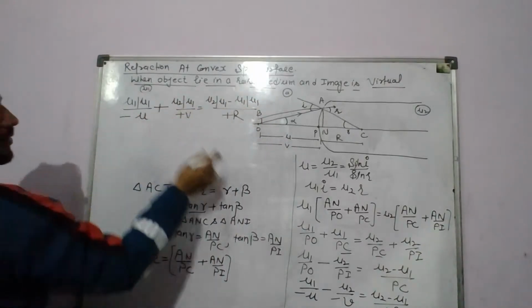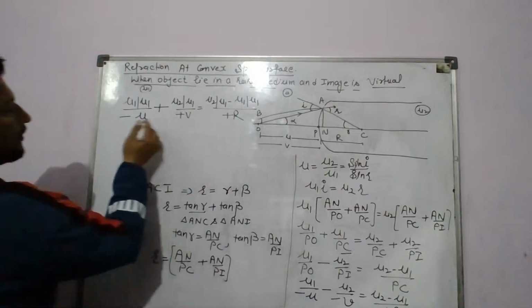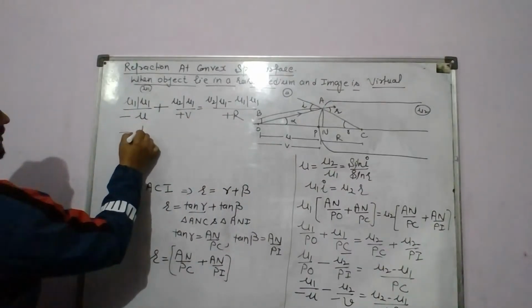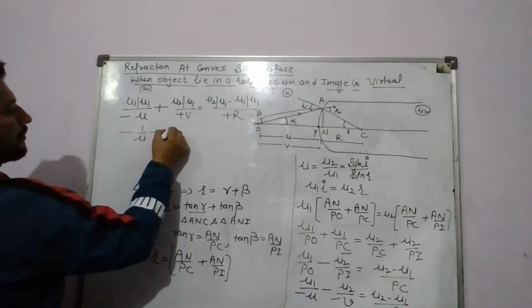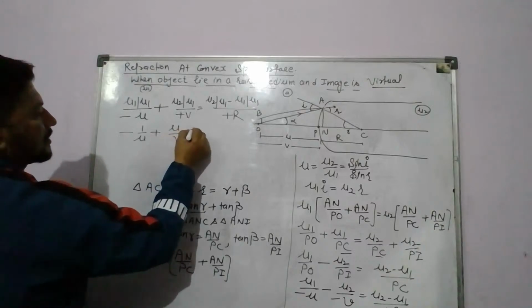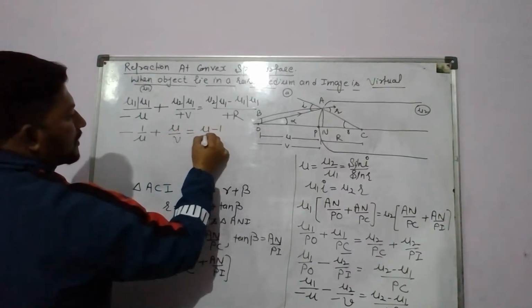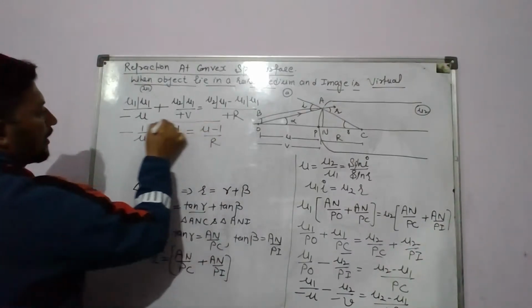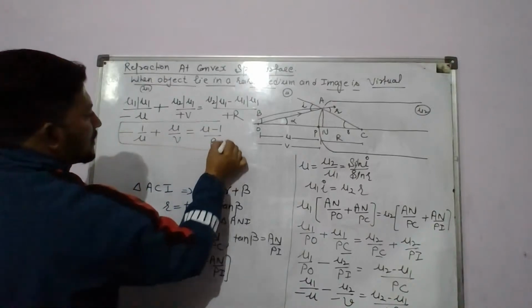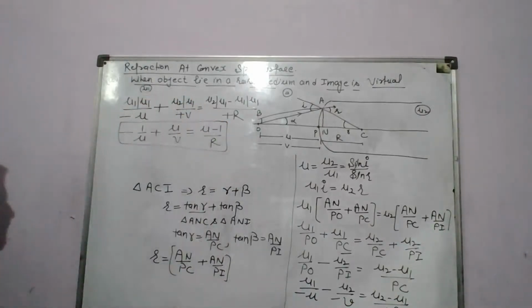It means mu2 by mu1 is equal to mu. So minus 1 upon u plus mu upon b is equal to mu minus 1 divided by r. So you can see the resultant is same in both cases.